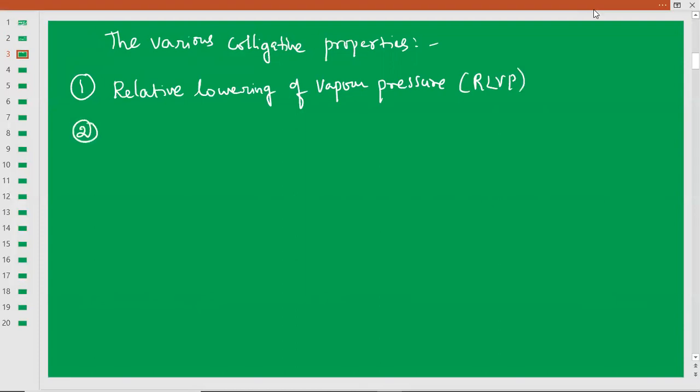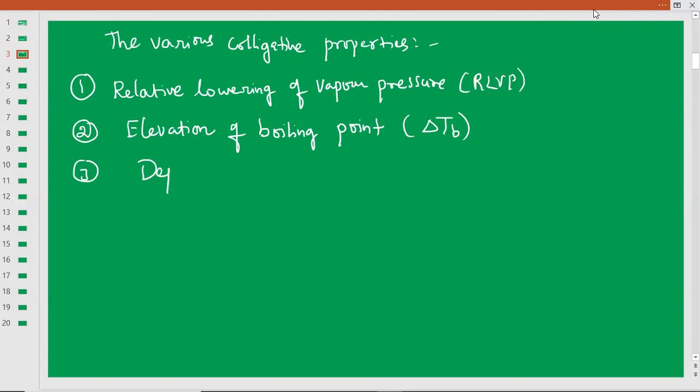The second one we will call elevation of boiling point. You can put the symbol delta TB for it. Next one is depression of freezing point.